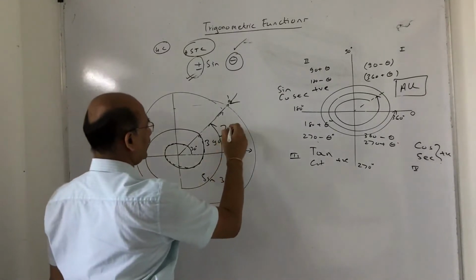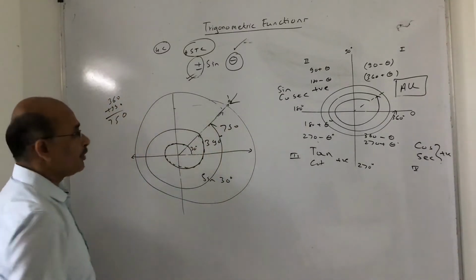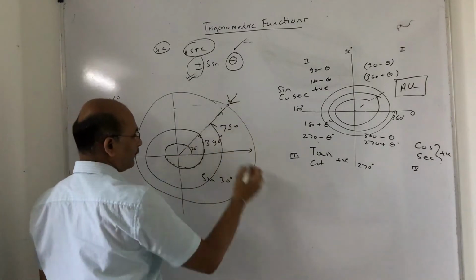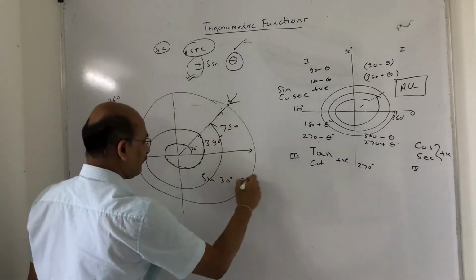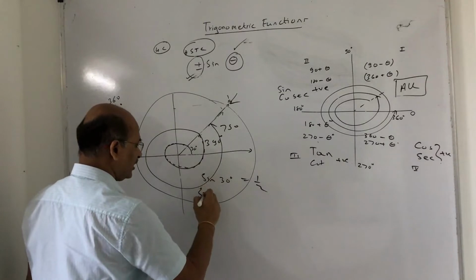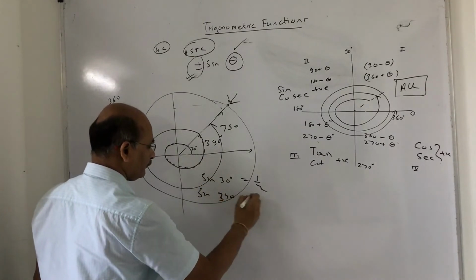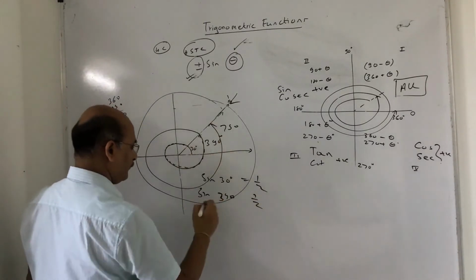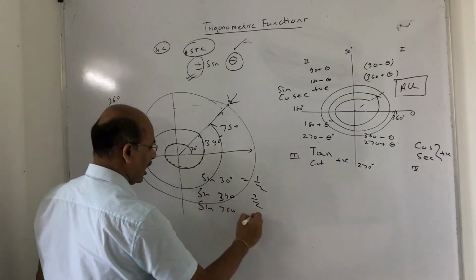So at 750, this is the third rotation. Sine 30 is half, sine 390 is half, and sine 750 is also half.